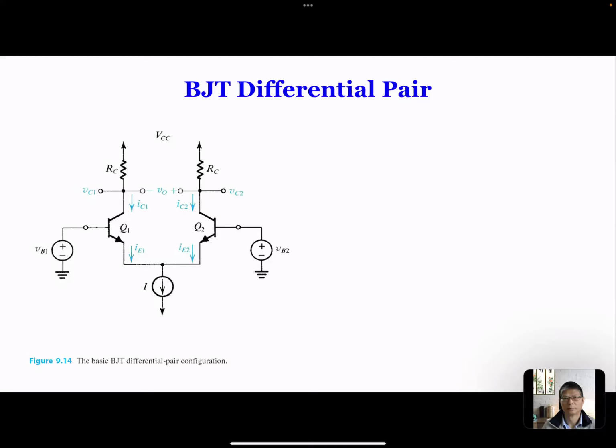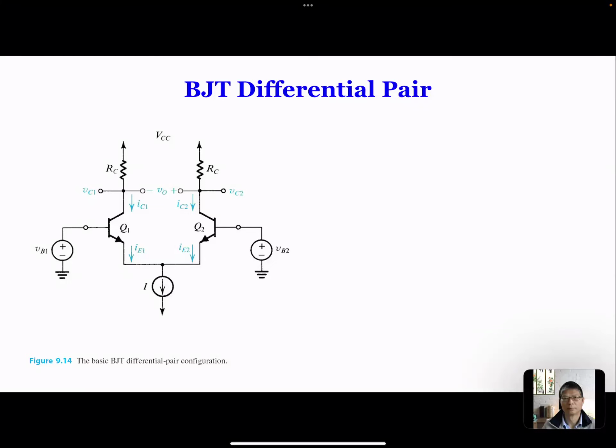However, there's a caveat. There's a DC source over here. When we do superposition, when we do AC small-signal analysis, the DC source becomes an open circuit. So in theory, this is not strictly a common emitter amplifier because there's a DC source over here.